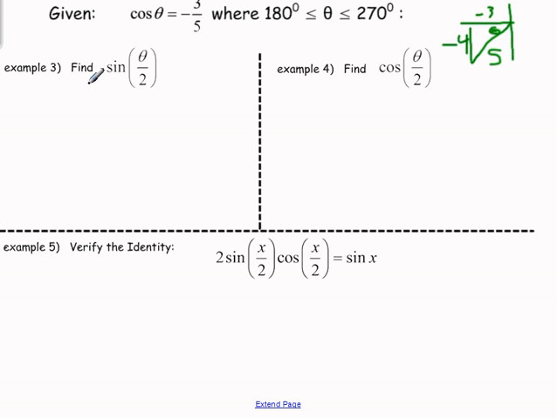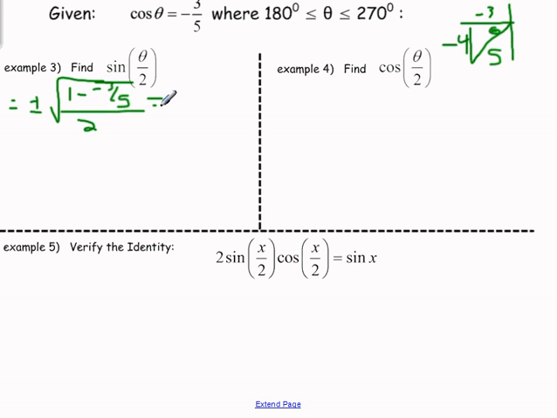So then the sine of theta over 2, so you have plus or minus the square root of 1 minus the cosine of theta. Cosine of theta is negative 3/5. We're just going to put that in, all over 2.